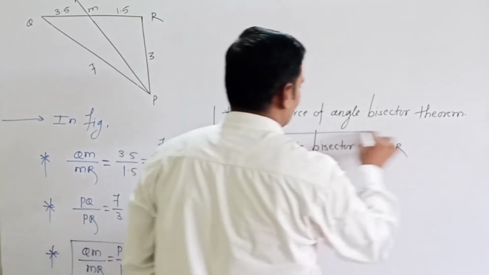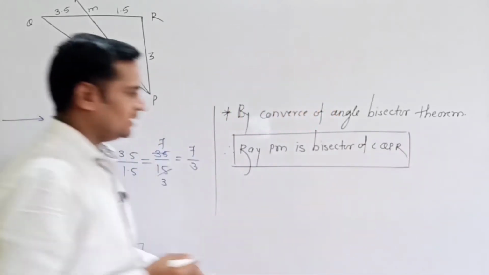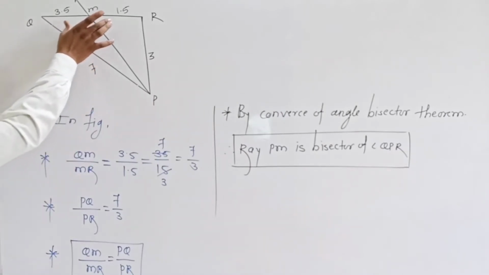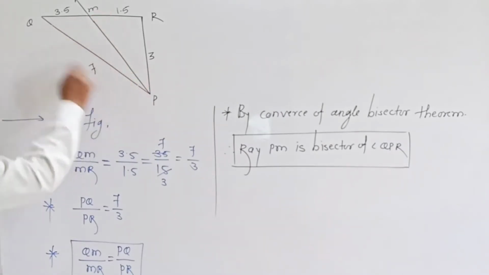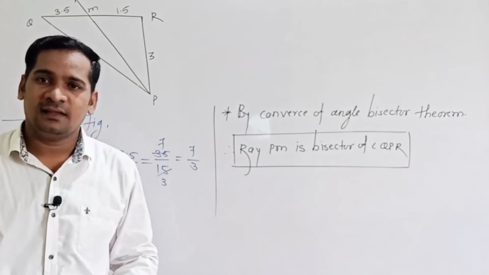In this way we just have to check whether both ratios are equal to each other or not. If the ratio of these two segments is equal to the ratio of the remaining two sides of the triangle, then that ray will be the bisector of angle QPR.